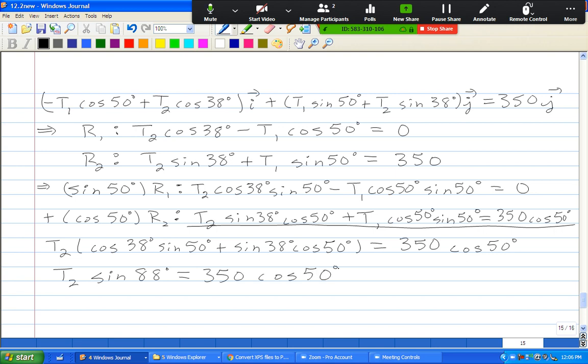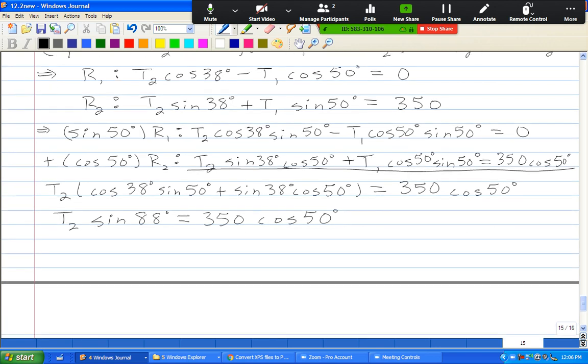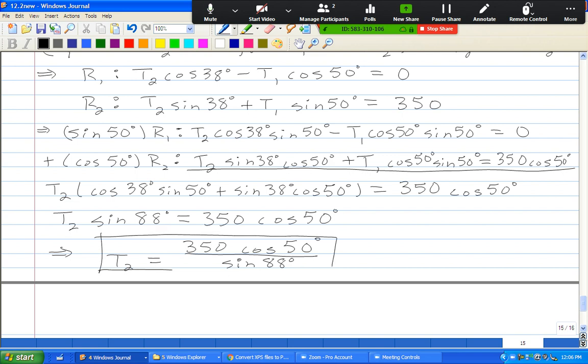So let me try to solve for T2. T sub 2 is equal to 350 cosine 50 degrees over the sine of 88 degrees. And that is my tension. Okay, good.